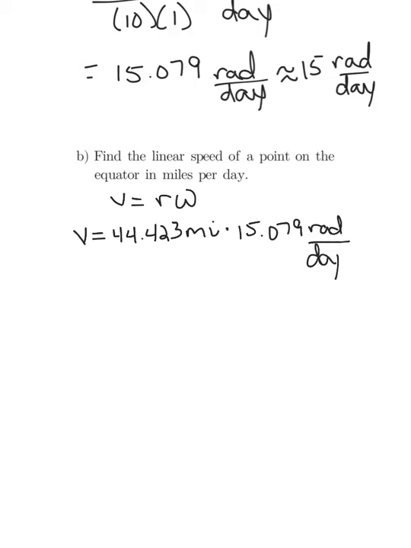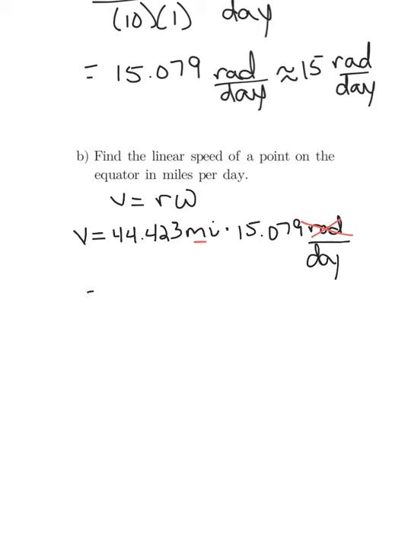They were kind to us on this problem. Remember what I said, as soon as you take a unit of length times radians, radians falls out. And so if you look at the labels, we have miles, we have day, we don't have to do any conversion.